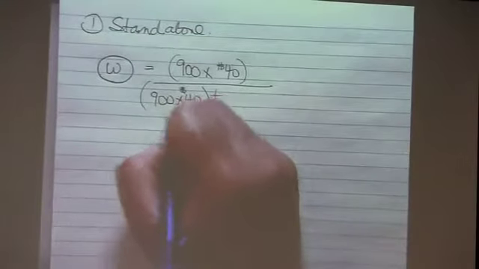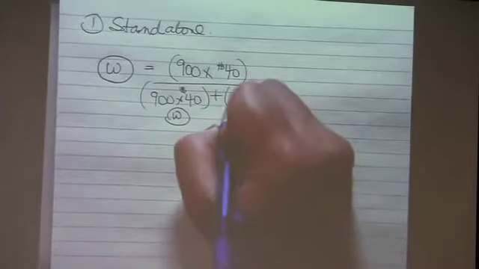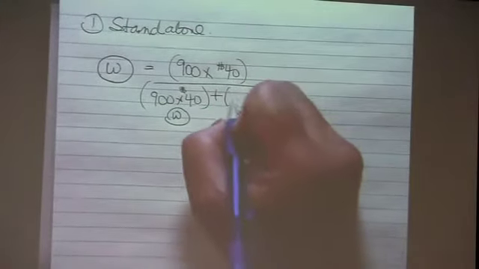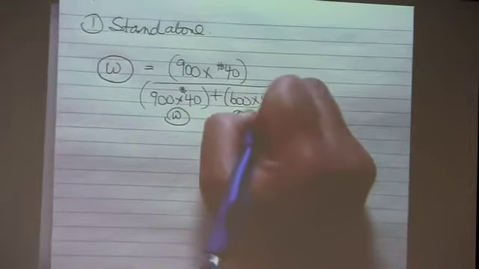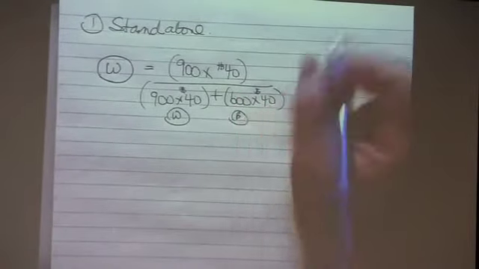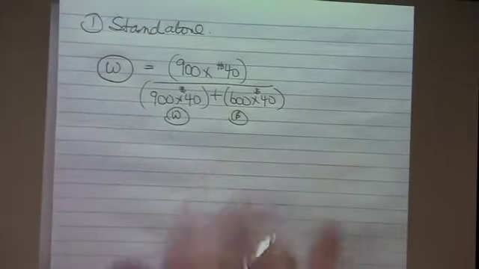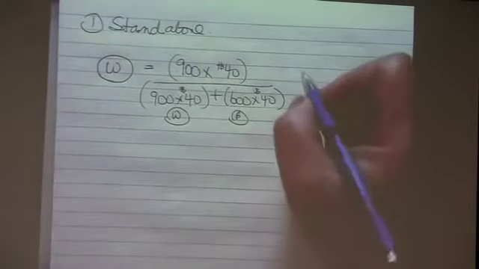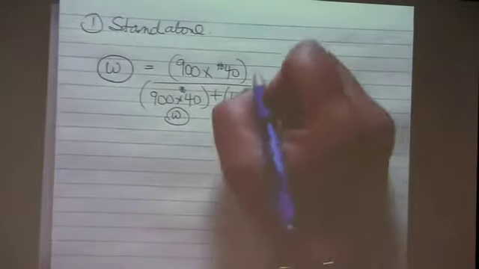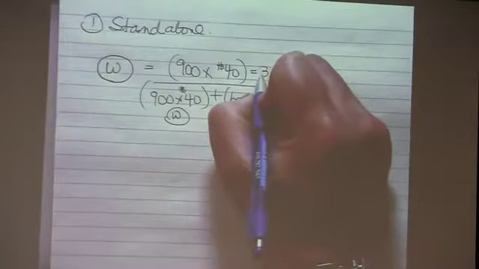So this would be W's, and Brown's is 600 times 40. Now we're going to use the relative ratios. It's going to be similar for Brown, right? So let's just do that. So this is 36,000.